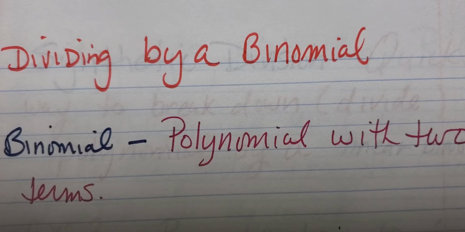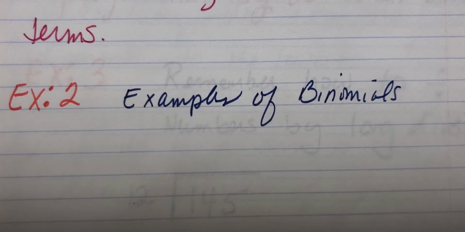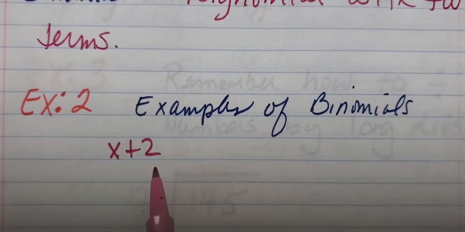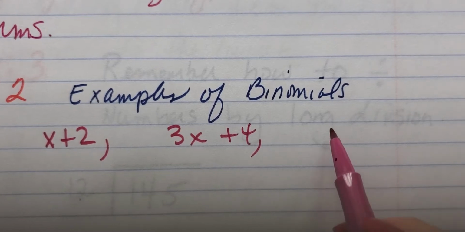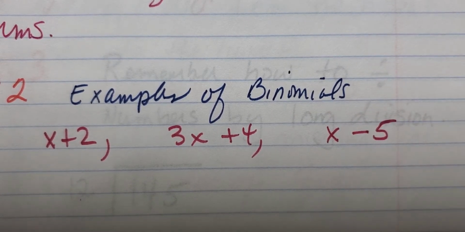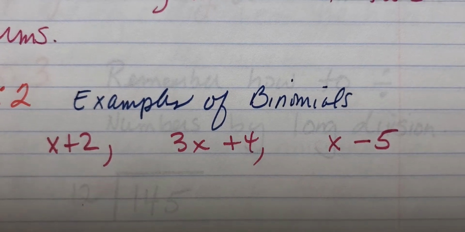Examples of binomials: x plus 2 is a binomial. 3x plus 4 is a binomial. x minus 5 is a binomial. It's 2 terms linked together.